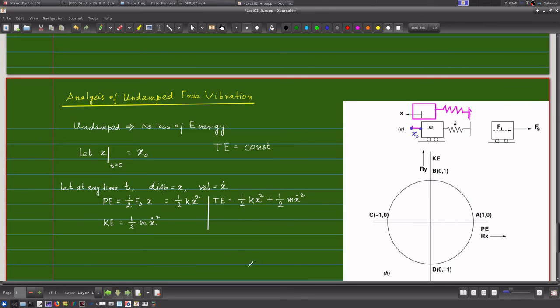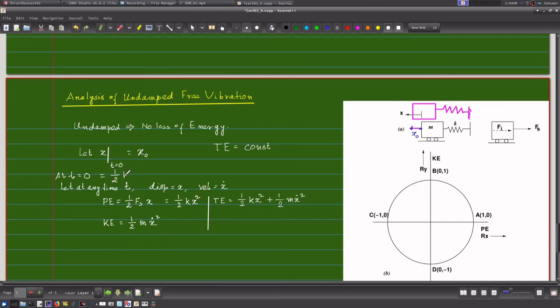Now I know that just at the start of vibration at time t equal to 0, there is only displacement, which is x naught. So at t equal to 0, what is my total energy? Total energy must be only the potential energy, because there is no velocity, so no kinetic energy at that point.